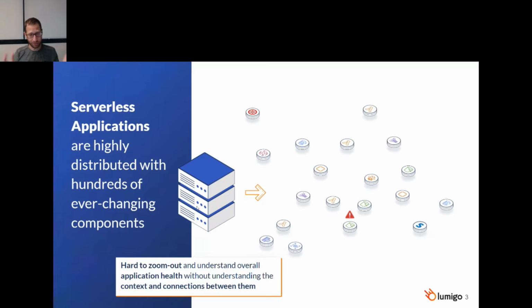A lot of them are out of your control. And when something goes wrong, it's very hard to understand what's going on, to zoom out and have the overall view of your application, understand if this is critical or not. And for that, you really need to have the connections between the services, understand what happened.